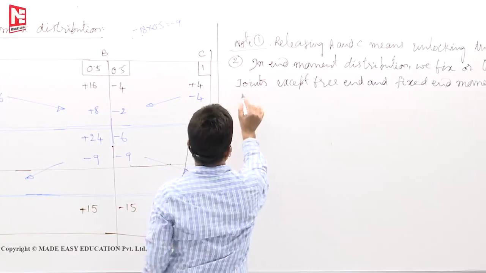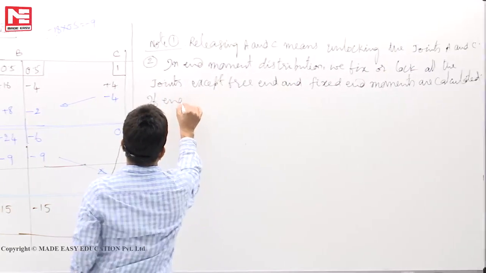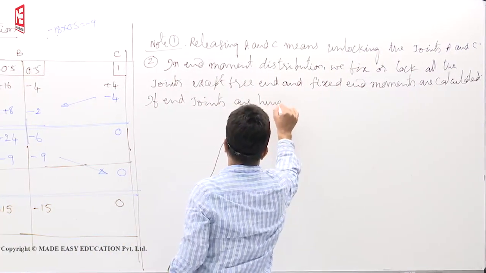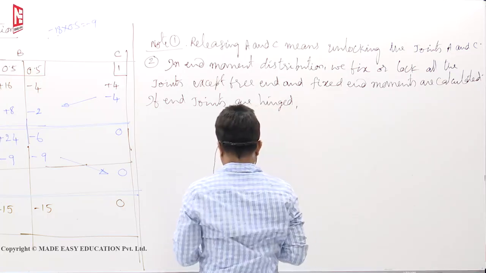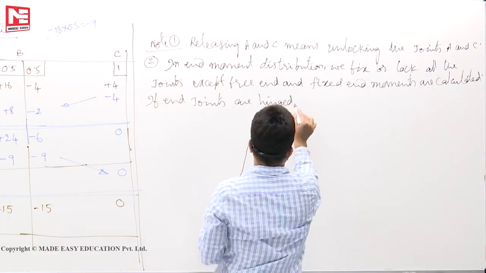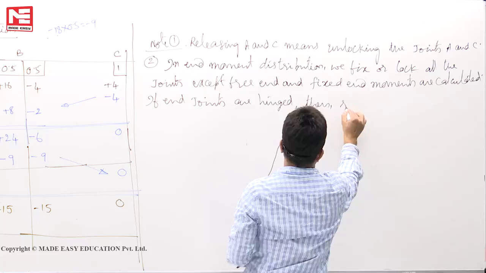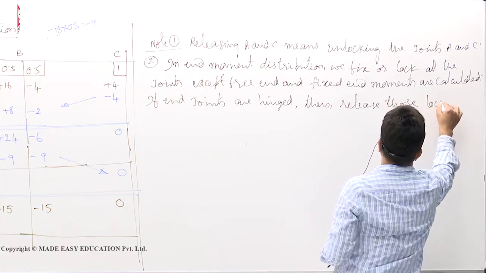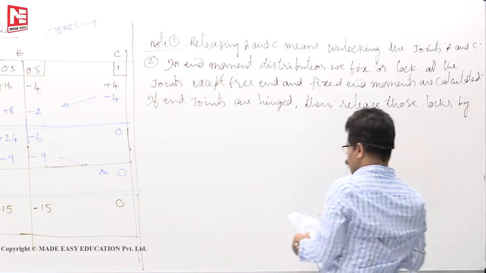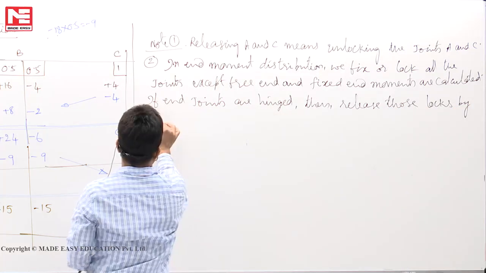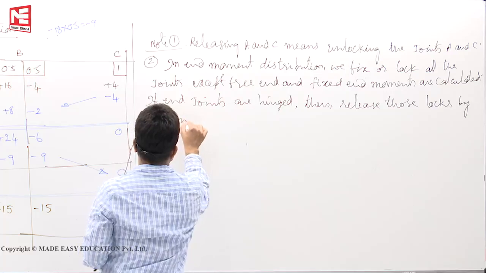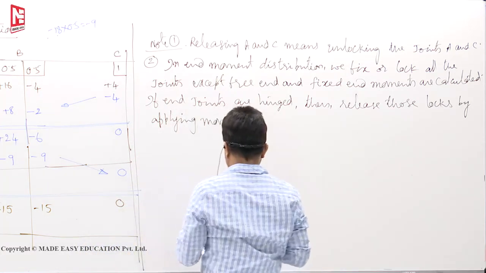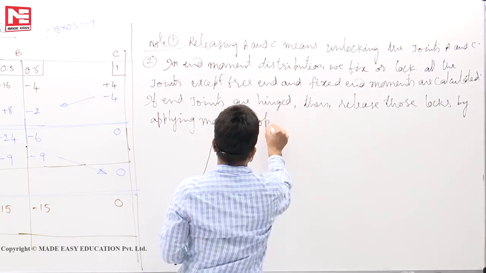If end joints are hinged, then release those locks by applying moments opposite to fixed end moments.